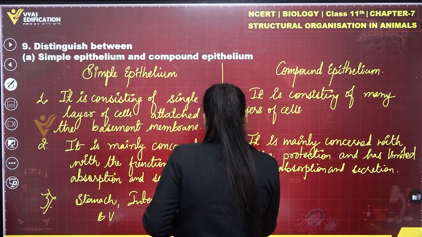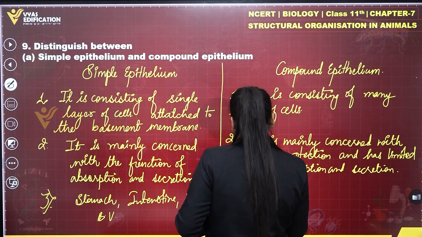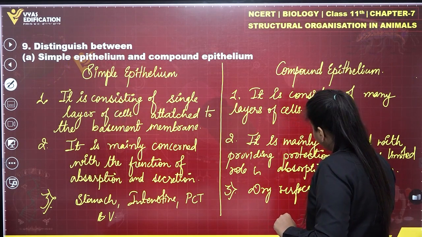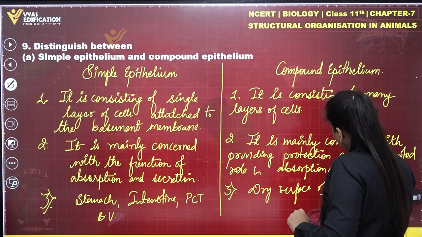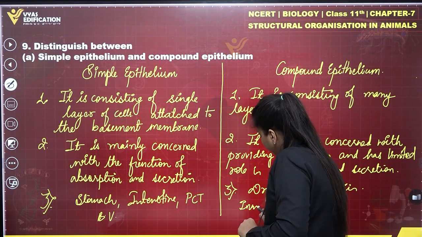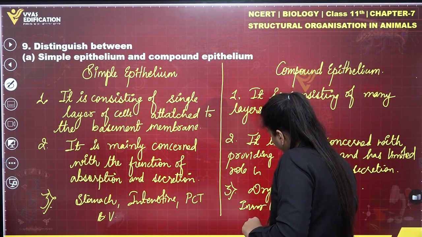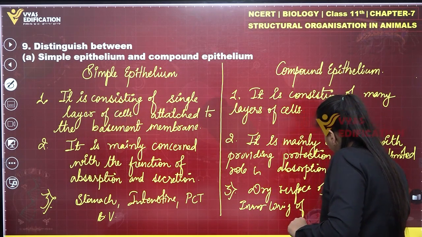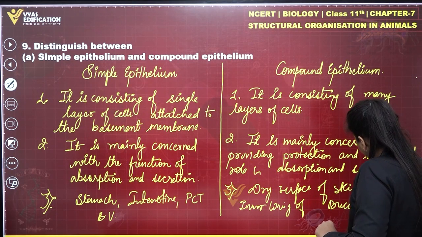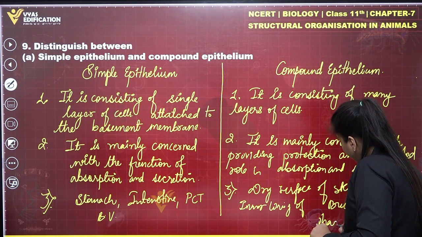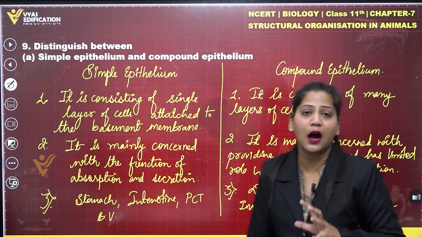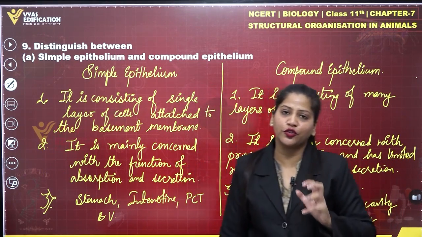If we talk about the examples of compound epithelium, you will find it on the dry surface of skin. You will find it in the inner linings of buccal cavity, pharynx, etc. Right? So this is the answer of part 1 of question number 9.